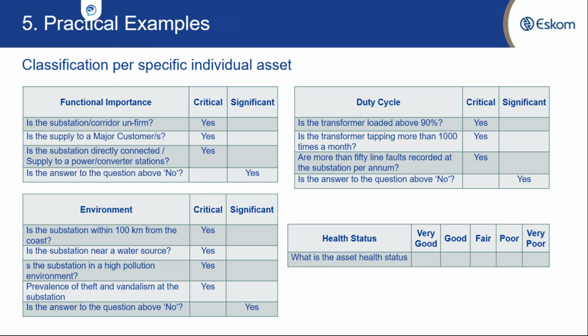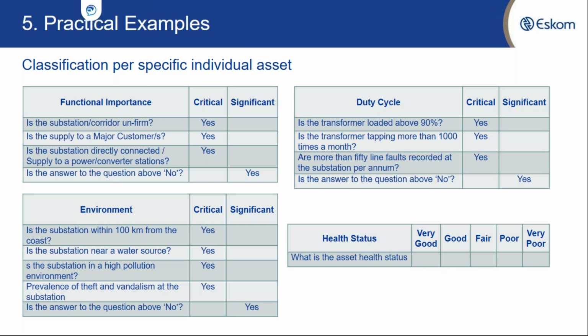Then this one is an example of our asset classification. As I've indicated, it speaks to functional importance, the duty cycle, the environment, as well as the health status.